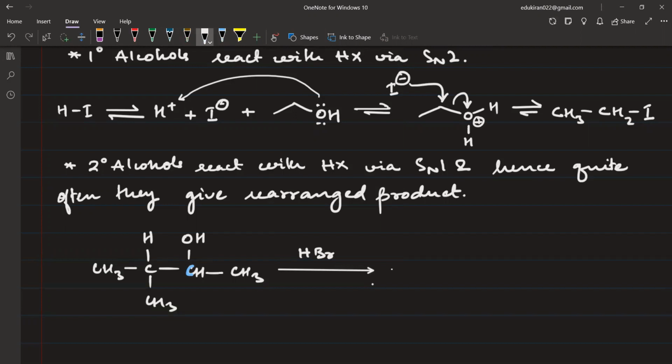But the product that we see is CH3 carbon, and I get a Br here, followed by CH2. This CH3 is as it is here, and then again one more CH3. We'll explain why this is happening. This was not our expected product, but we are getting this product here.